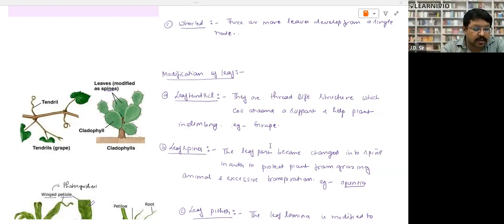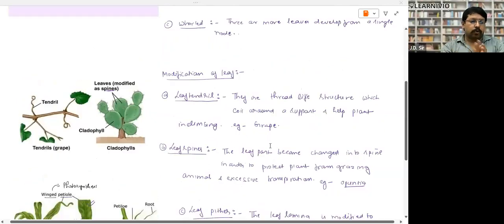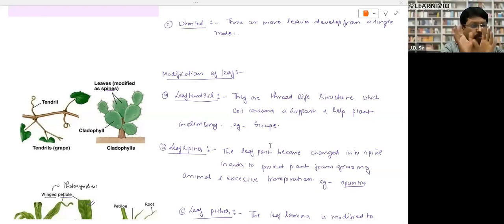Next, leaf spine. This is basically found in arid plants or xerophytic plants. Do you know what is xerophyte, hydrophyte, and mesophyte? Frankly, this is the basic thing, but please tell me. Chitika and Martin, both of you. Come on, tell me, where are you?